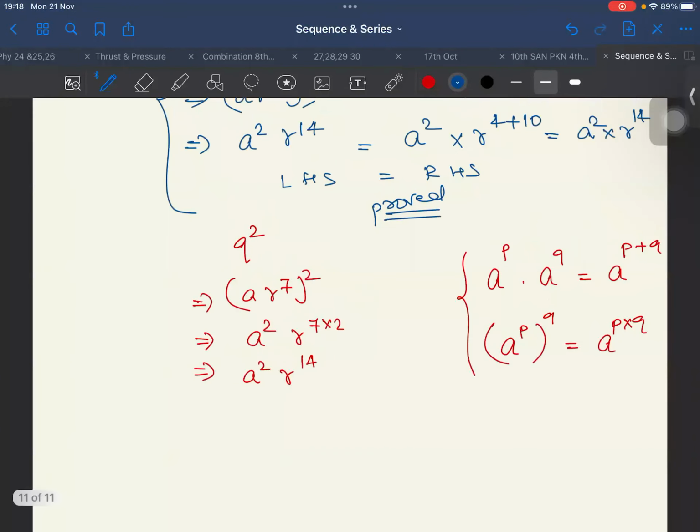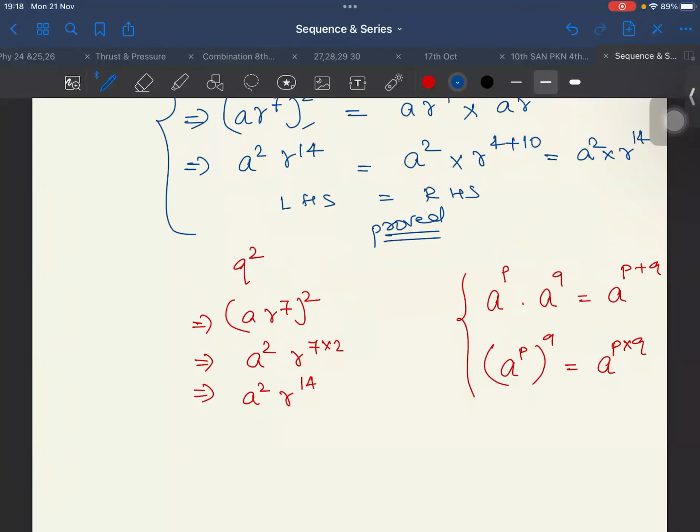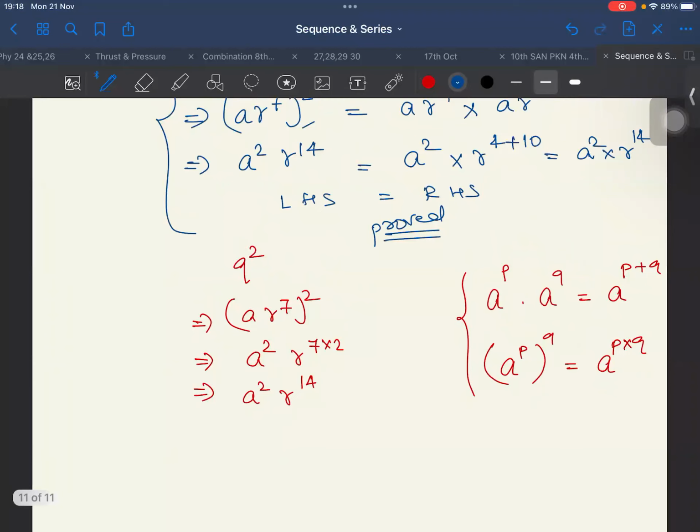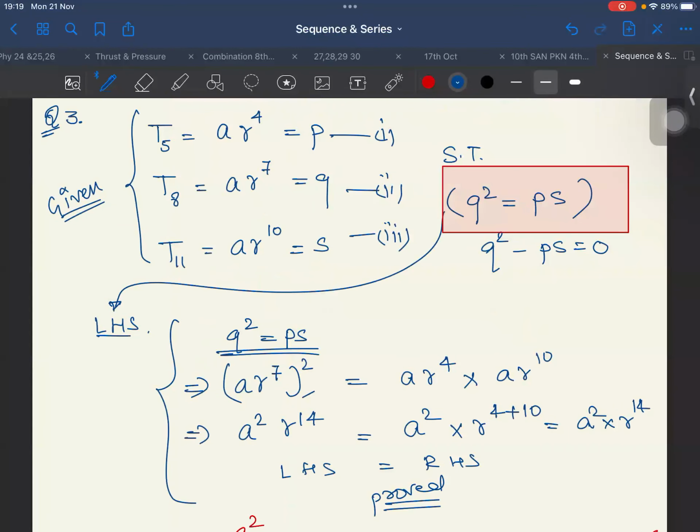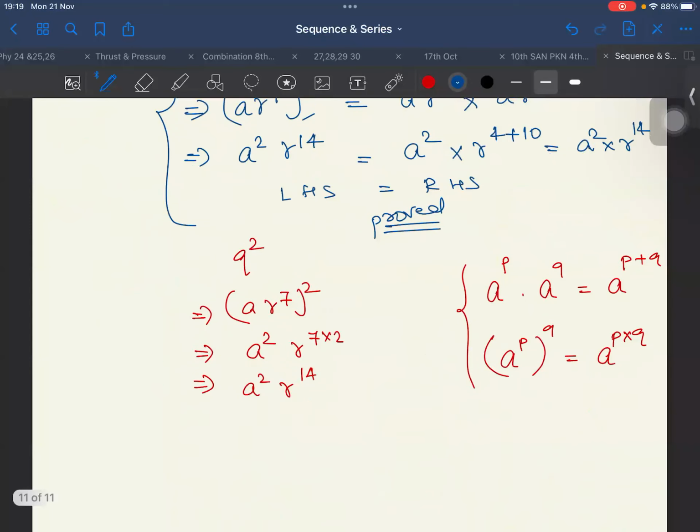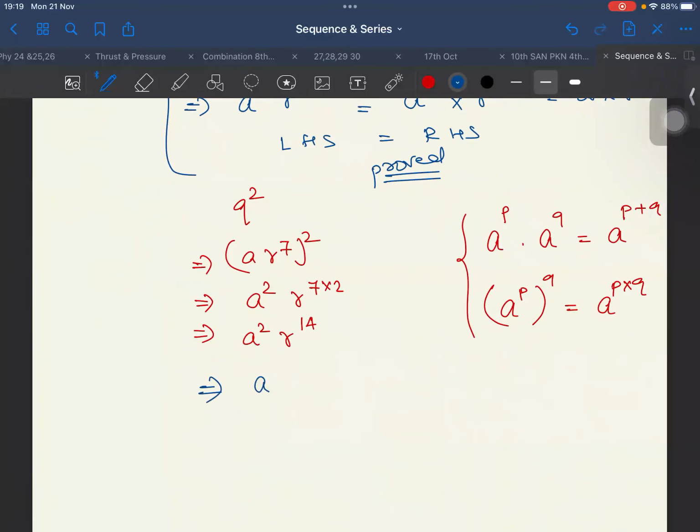Now you separate what terms you need. You started from Q square, you need P, that means you need the 5th term, you need the 11th term. So separate it such that you can write A R to the power of 4. One A you are taking out from here. Now you can multiply it with A R to the power of 10, right?